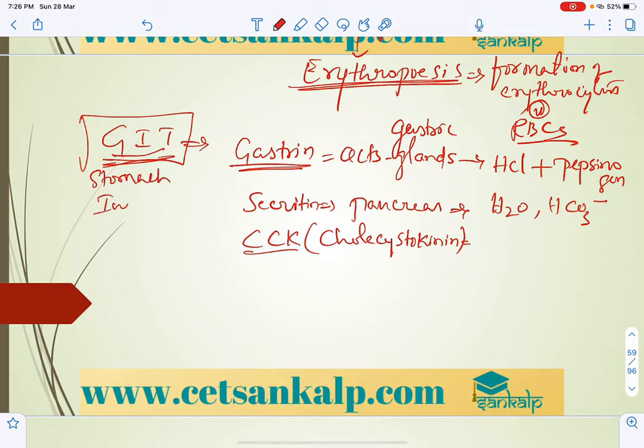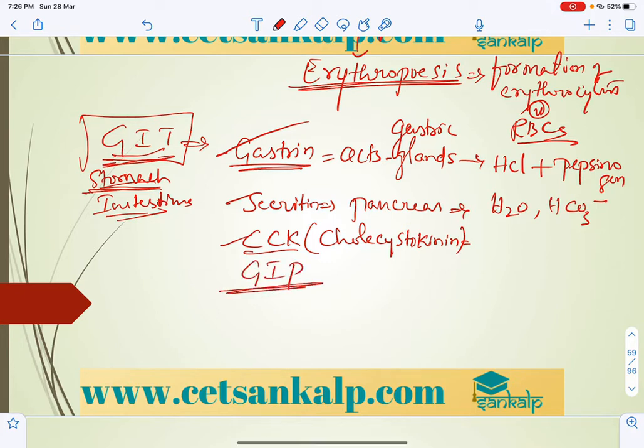Almost all gastrin is produced in the stomach, whereas the intestine secretes CCK, and along with that, gastric inhibitory peptide hormone.